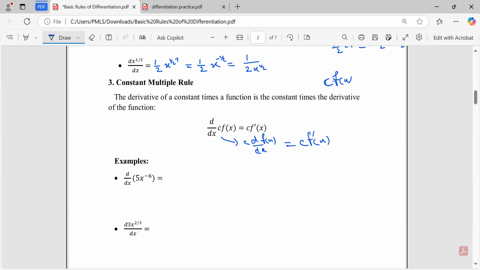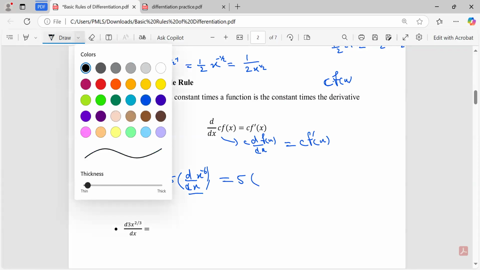So the result is constant times f prime of x. For example, in this case, 5 will come out, and we take the derivative of x raised to power minus 6. What will be the answer of this one?